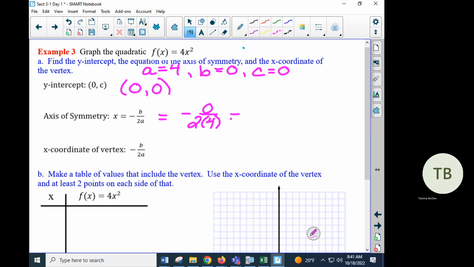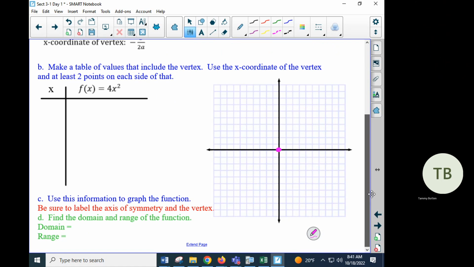And we never have a -0, so this would end up just being 0, okay? So our axis of symmetry is going to be at x equals 0. So on your x-axis, you're going to have that axis of symmetry right on the y-axis. So your axis of symmetry is at x equals 0.